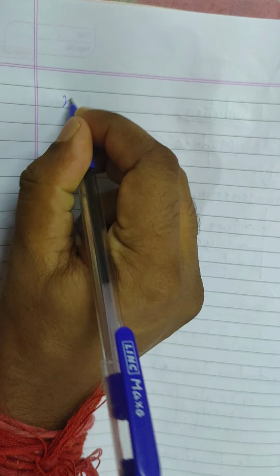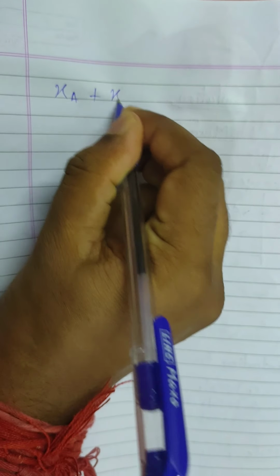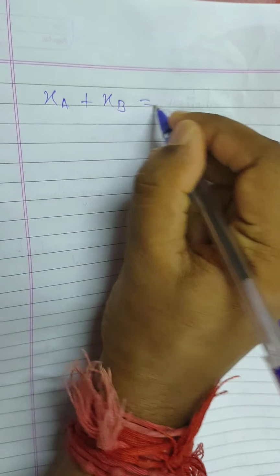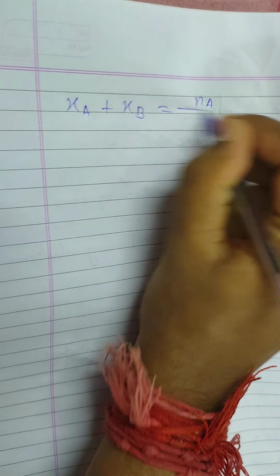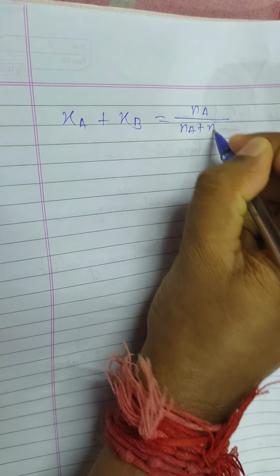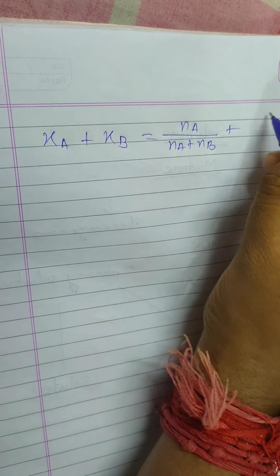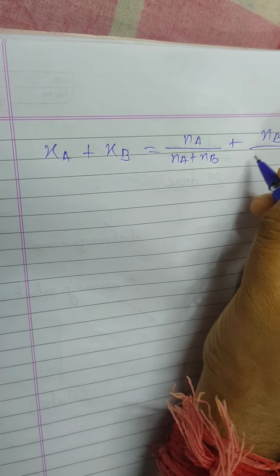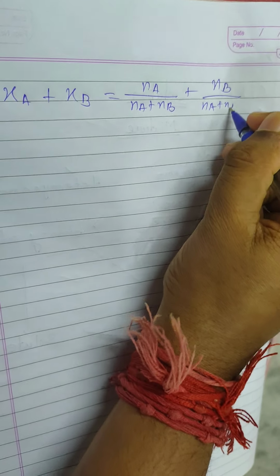Again, chi A plus chi B will be equal to what? Na by Na plus Nb plus Nb by Na plus Nb.